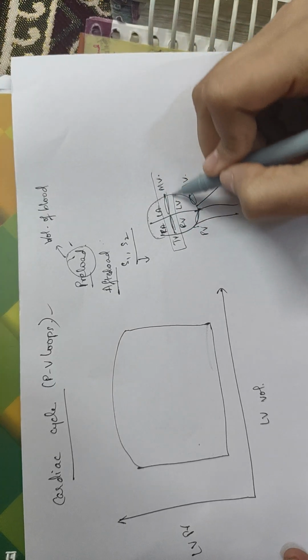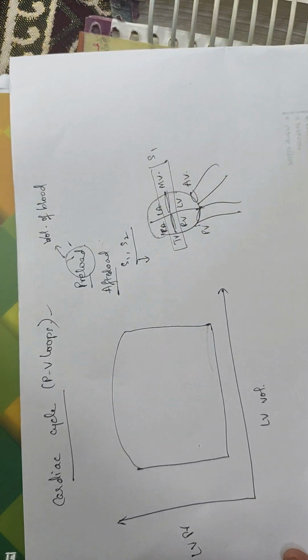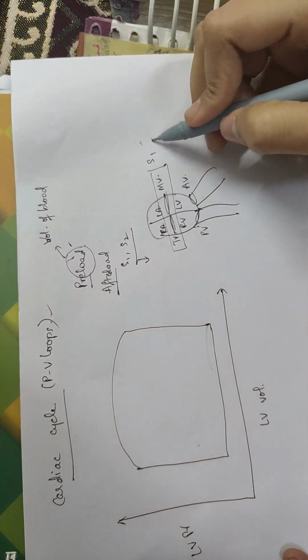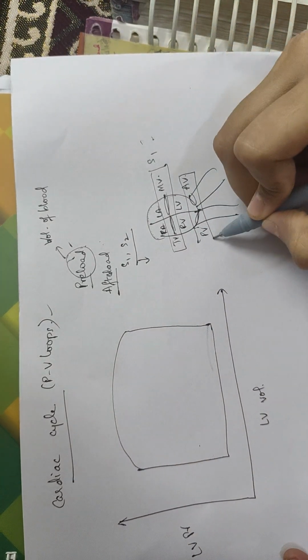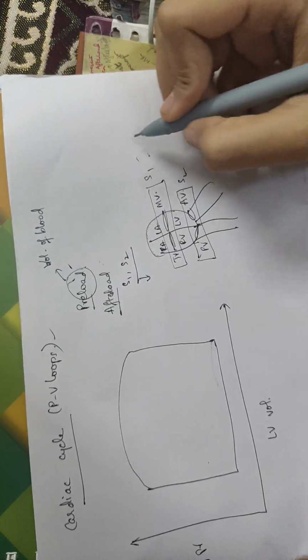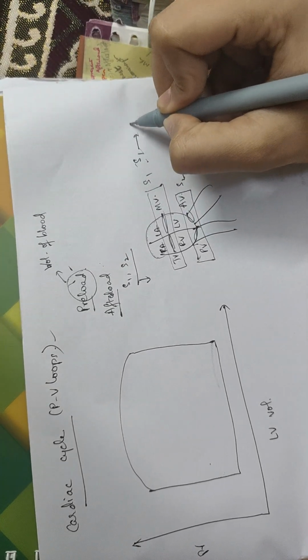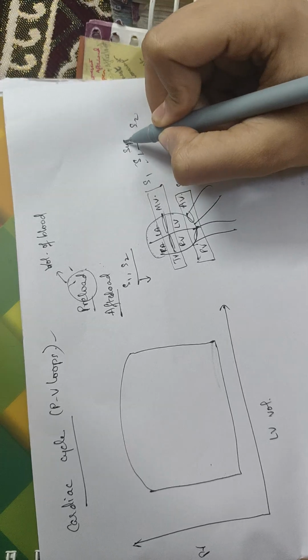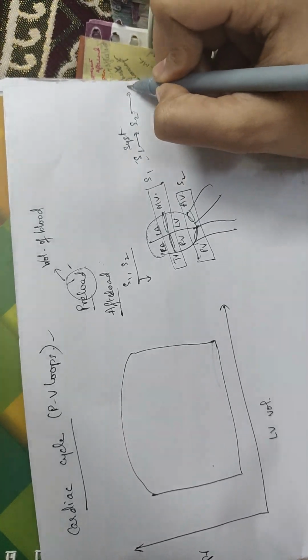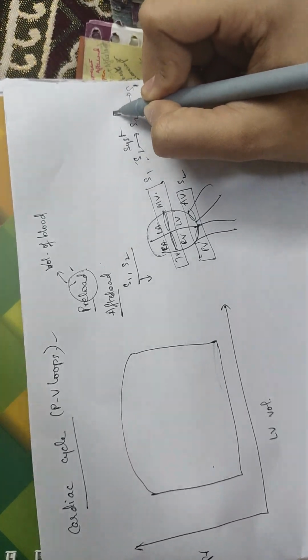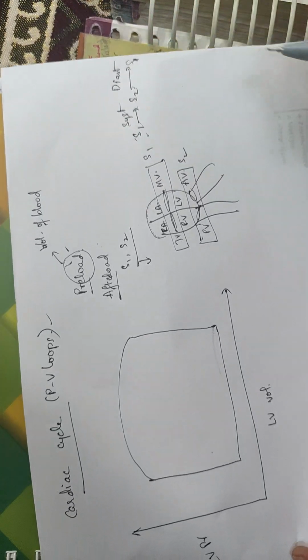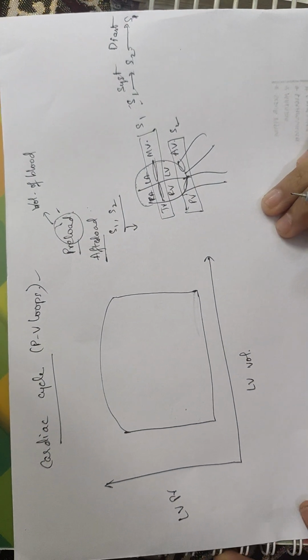When there is closure of the mitral and tricuspid valves, it's called S1. When the aortic and pulmonary valves close, it is S2. Between S1 and S2 is systole, and between S2 and S1 is diastole. You have to know about this.